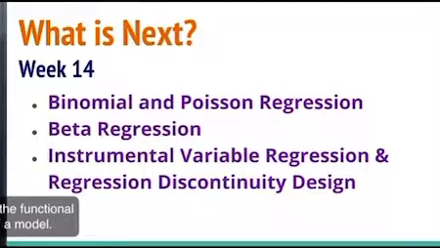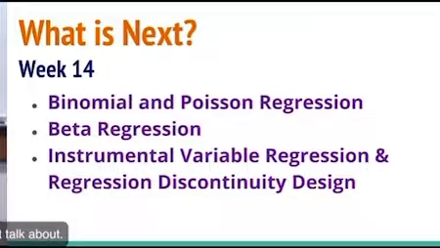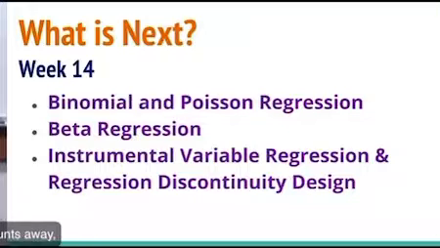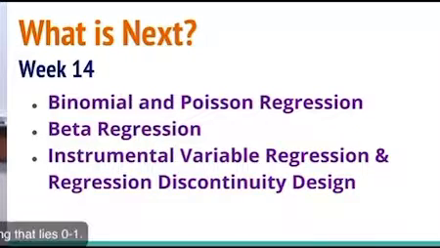What determines the functional form of a model most of the time relies on the nature of the response variable. You don't talk about linear regression when the response variable is a count, or when the response variable is categorical. Now, what of a situation whereby your response variable is a decimal, something that lies between 0 and 1?